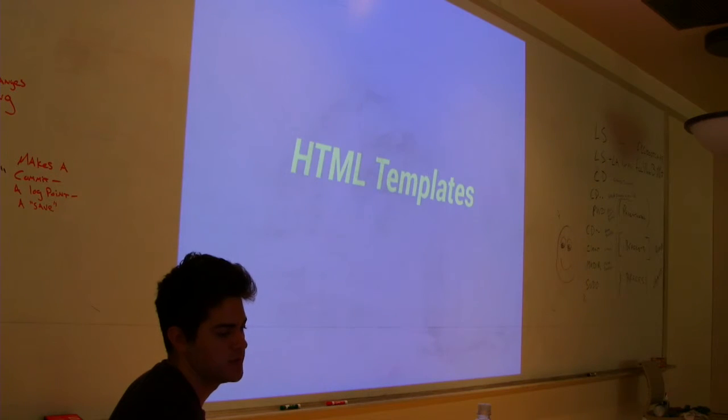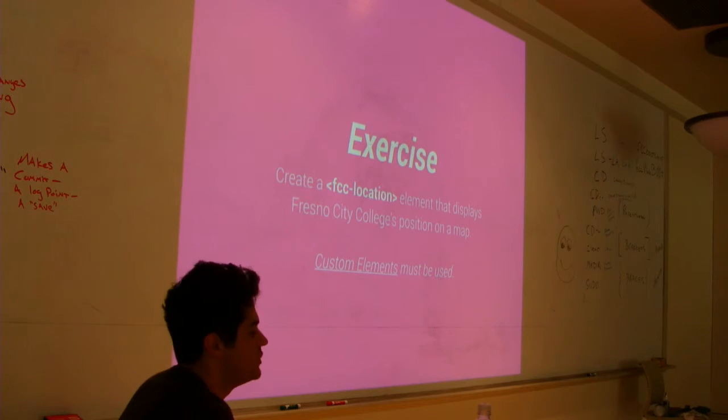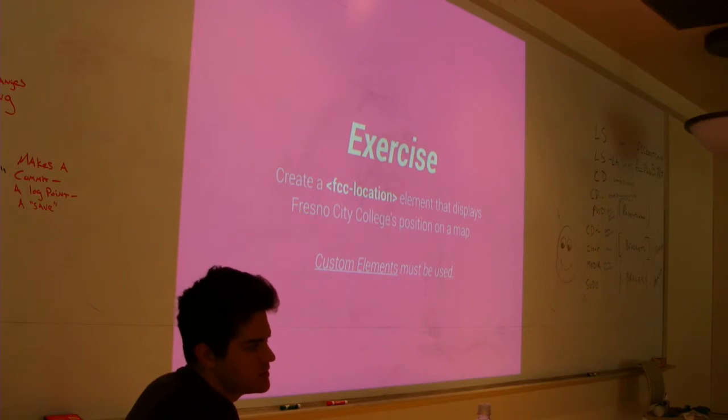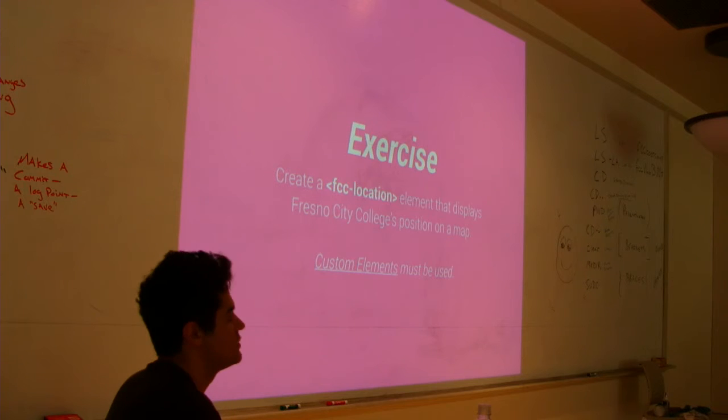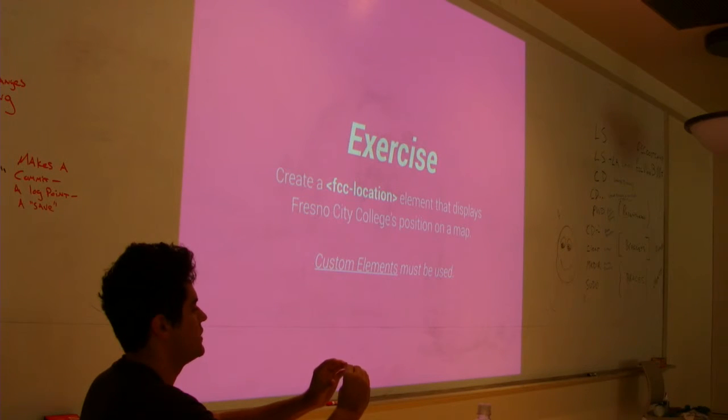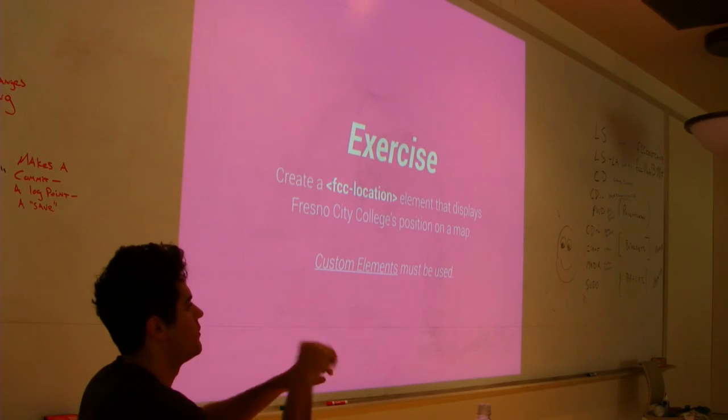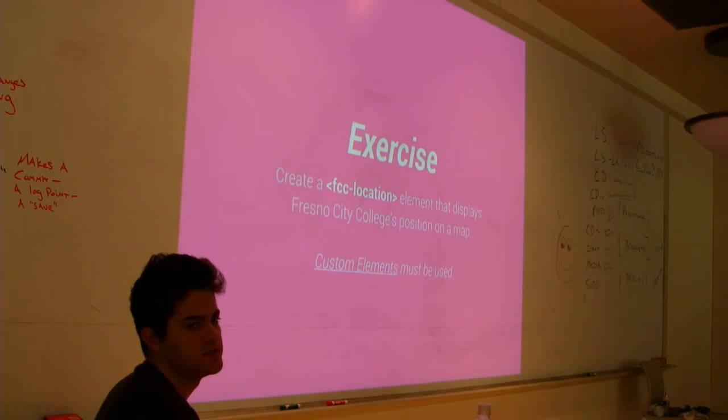Let me see if there's an image. No. So I want to reuse that code. I don't want to copy and paste the map all the time and putting the coordinates all the time, because I don't want to remember that. I just want to include this FCC location, and then it's going to show a map with the Fresno City College position on the mark.